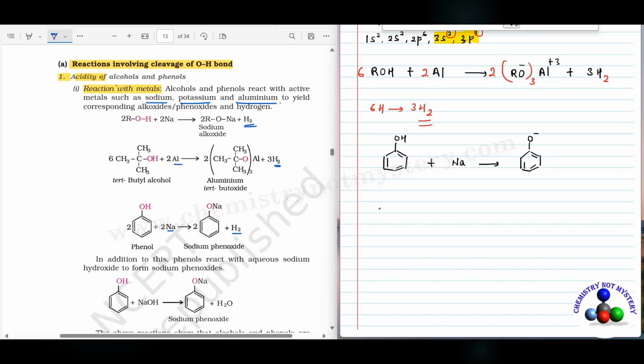This is O negative. This O negative ion is called phenoxide. This phenoxide will make a bond with the sodium. So that's why the name of this molecule will be sodium phenoxide.